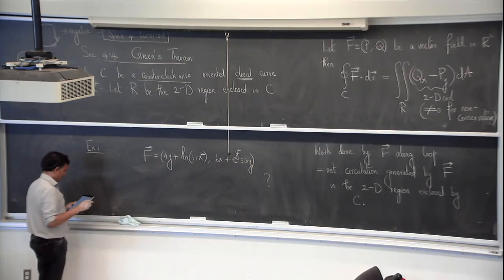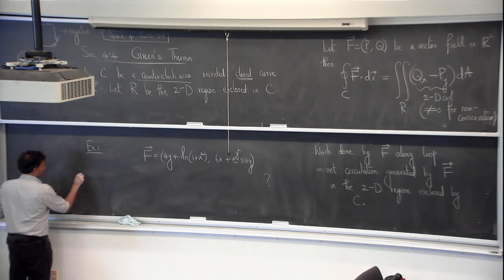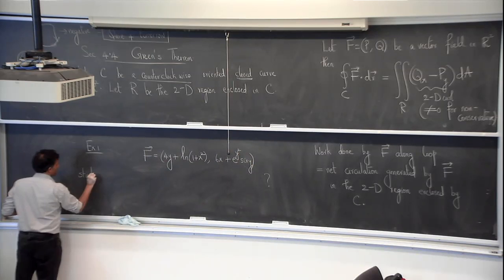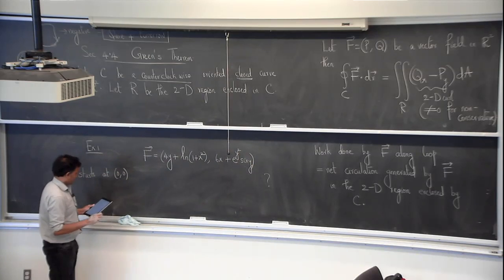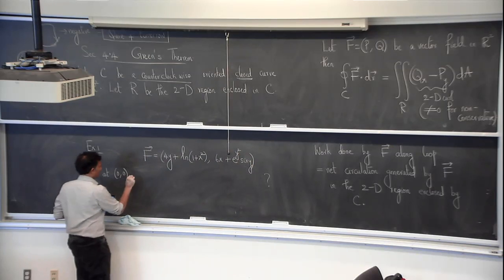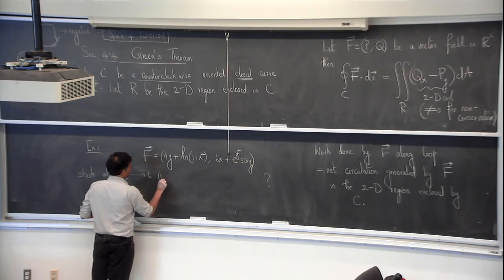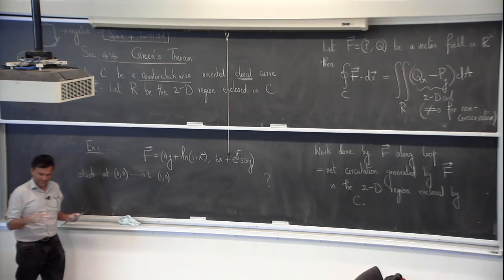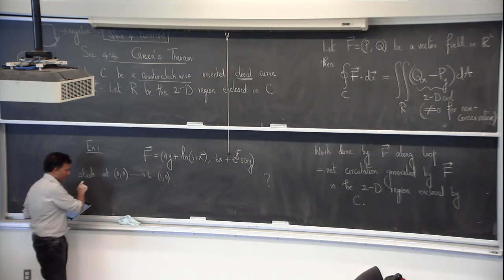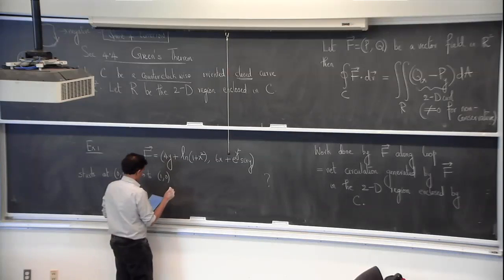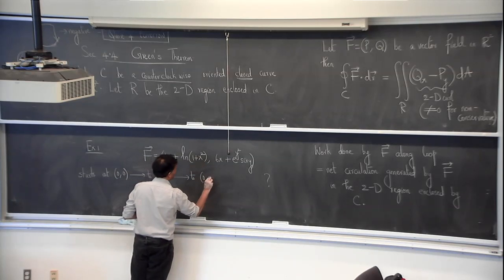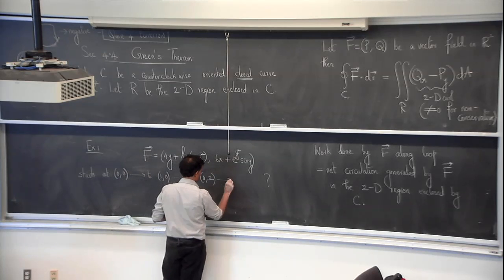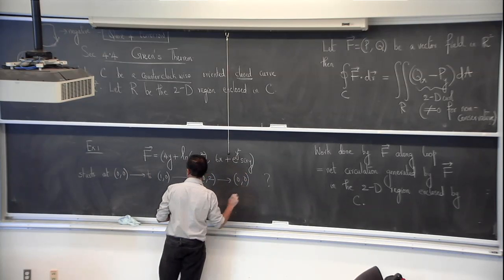Calculate the work done by this vector field on an object that starts at 0, 0, travels along a line to the point 1, 0. So this is the orientation being set up. Write this carefully. It travels along a line to the point 1, 0, and then travels along another line to the point 0, 2, and then back to the point 0, 0. That is how it finishes a loop.